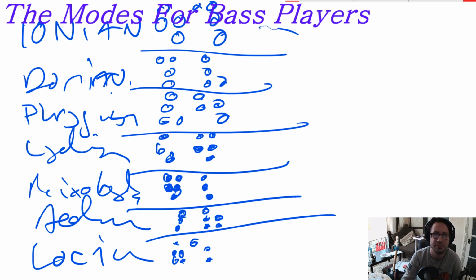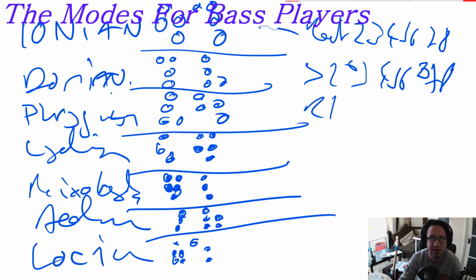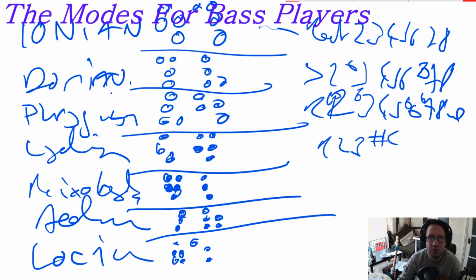So we've got root, second, third, fourth, fifth, sixth, seventh, octave. Root, second, flat third, fourth, fifth, sixth, flat 7th, octave. Root, flat second, flat third, fourth, fifth, flat 6th, flat 7th, octave. Root, second, third, sharp 4, 5, 6, 7, octave.